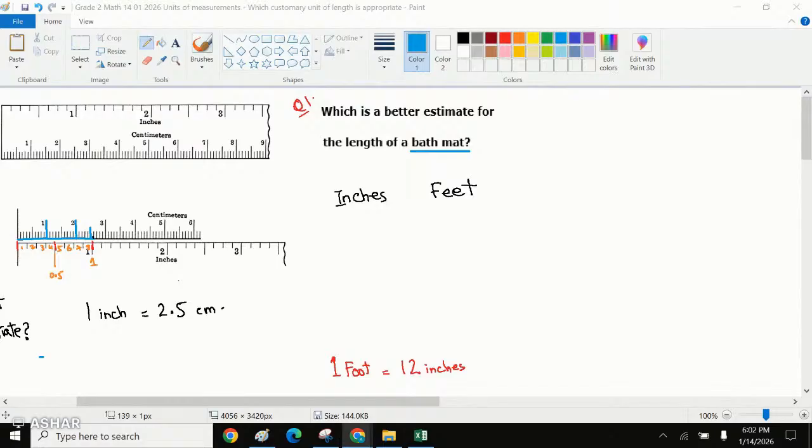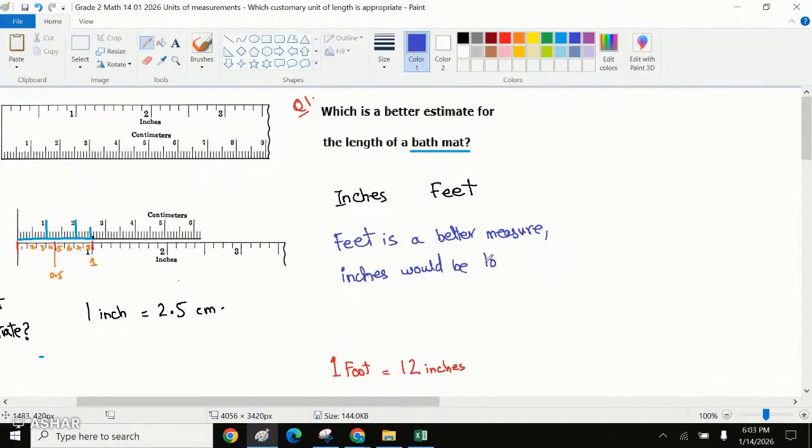I would personally say, because inches would be a very small towel, I would say feet is a better measure, right? Because inches would be too small.